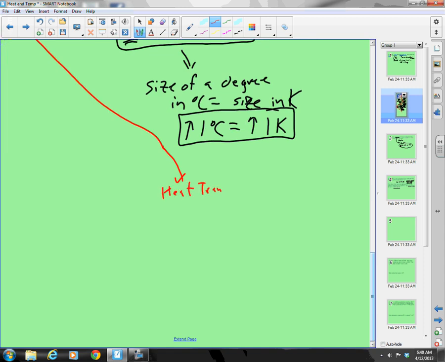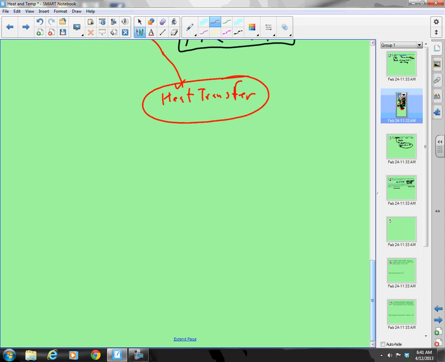Heat transfer meaning when heat is transferred from one body to another, right? Or when energy is transferred, we call that kind of heat transfer. We're really talking about raising temperature by the transfer of heat.